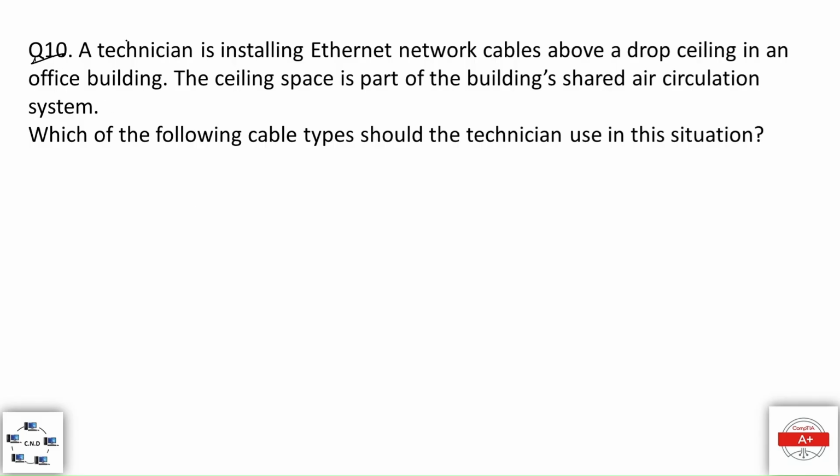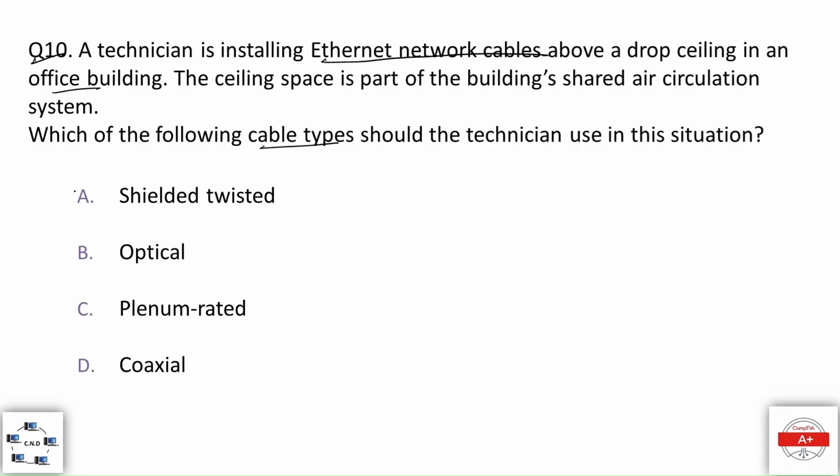Question number 10. A technician is installing Ethernet network cables above a drop ceiling in an office building. The ceiling space is part of the building's shared air circulation system. Which of the following cable types should the technician use in this situation? The options are option A, shielded twisted, option B, optical, option C, plenum rated, and option D, coaxial.